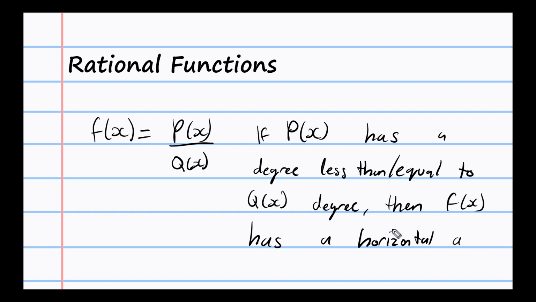If the degree of p of x is greater than that of q of x, then there is no horizontal asymptote. But if it is less than or equal to the degree of q of x, then f of x has a horizontal asymptote.